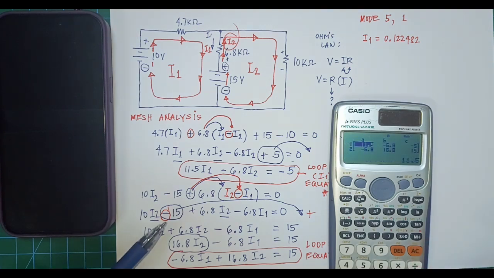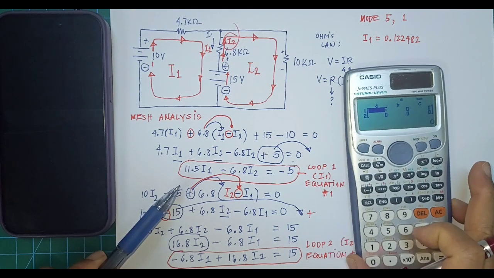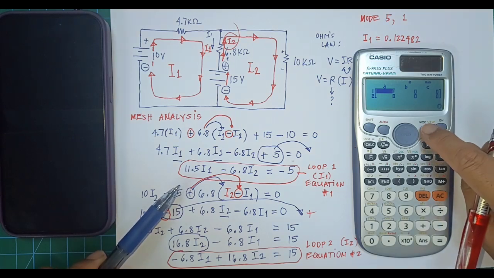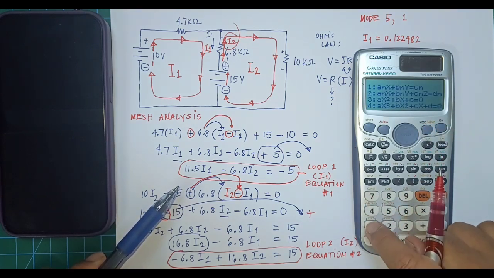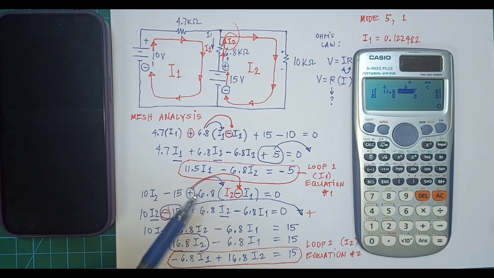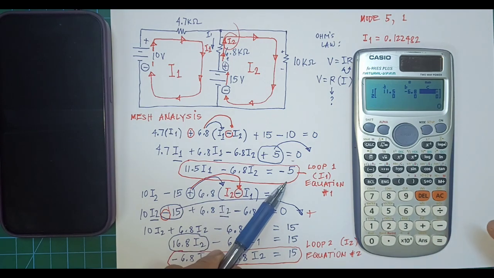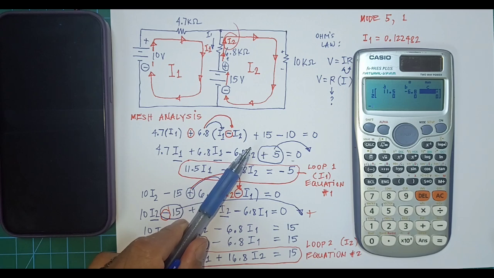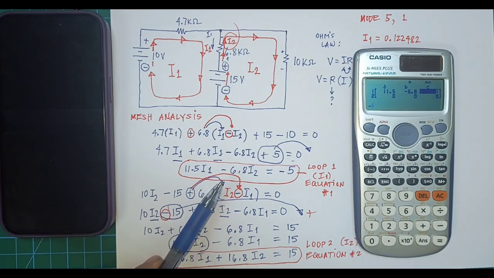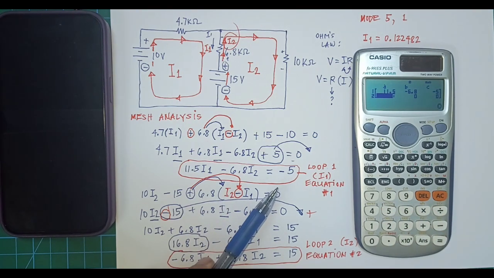So let's check it again to see if it is correct. We have mode 5, 1, and then we write 11.5 equals, negative 6.8 equals, negative 5 equals. Okay, that's what we got.